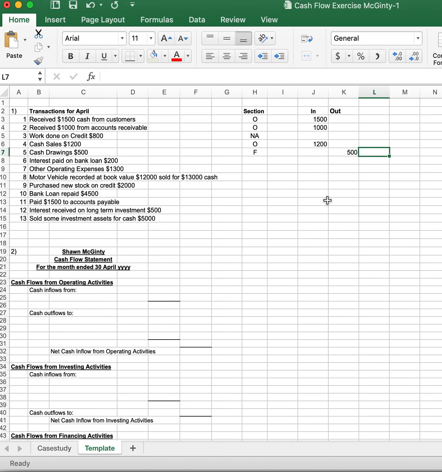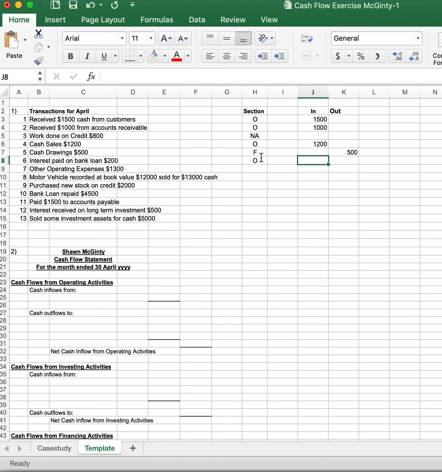Okay, that makes sense. Interest paid on bank loan, that's an operational expense. There is actually a choice within the New Zealand standard around this, that interest expense, interest income and dividends could either go in the financial part of the cash flow statement or in the operational.